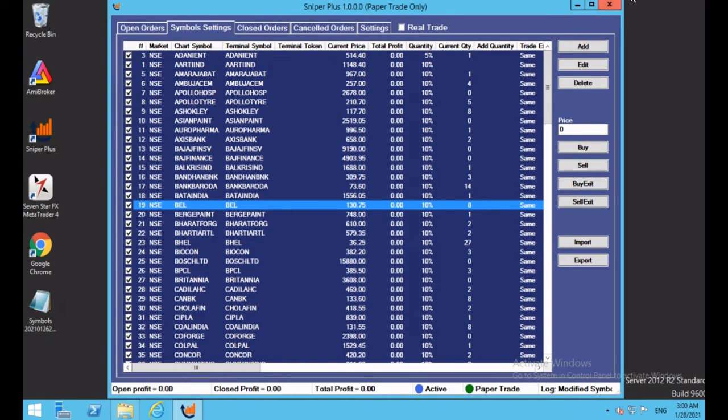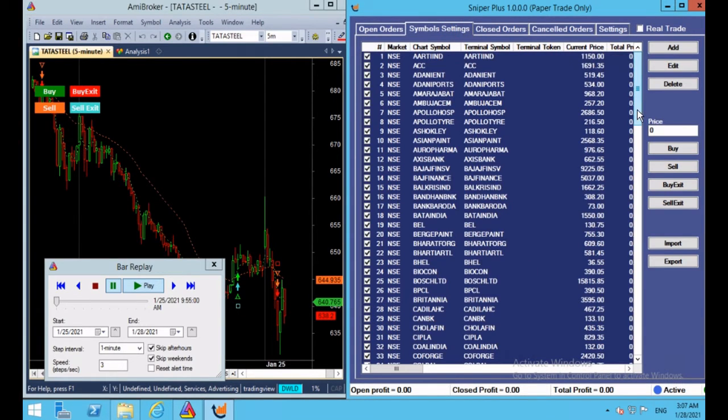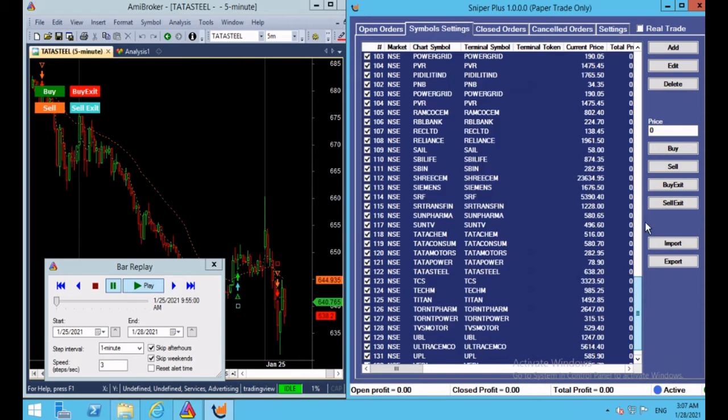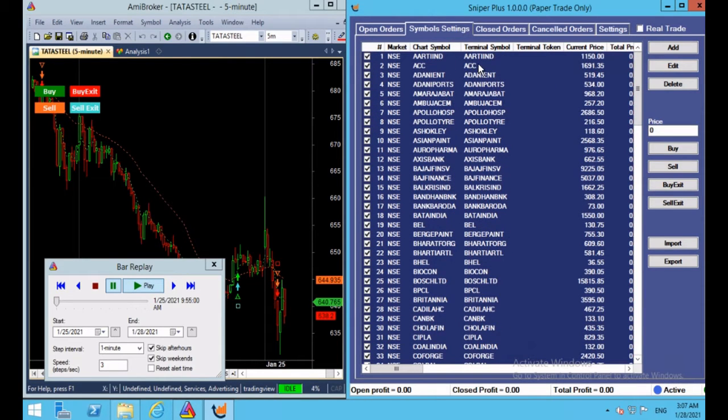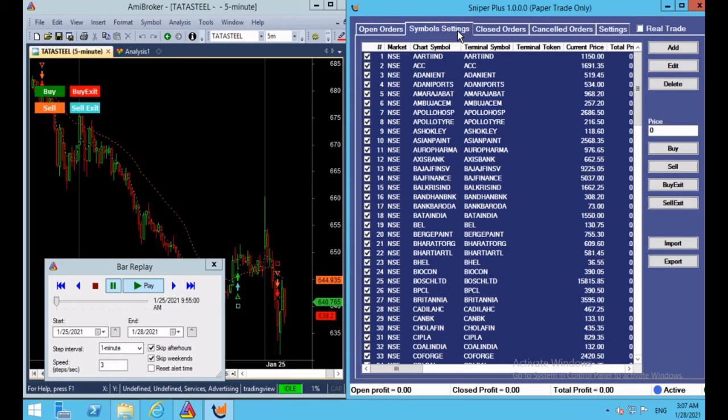Let us open AmiBroker. I am going to trade all the 135 symbols, to see whether it works for each and every quantity depending upon the capital.